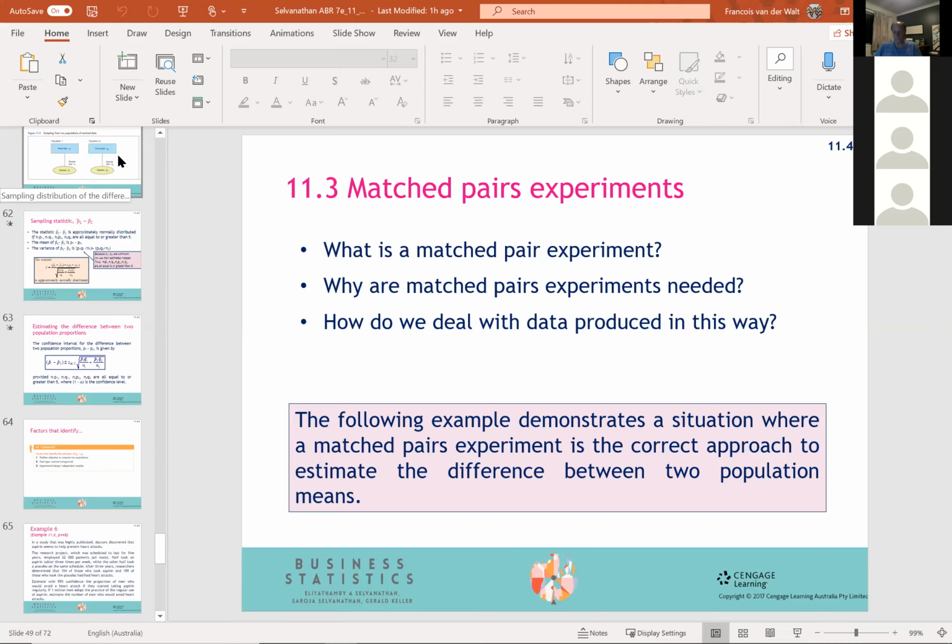So I'm just clarifying, we are only looking at 11.2. We are not looking at 11.1. But I do suggest you read 11.1 and 3 and 4. Just read through it so that you know what's going on there, or just take note of it.